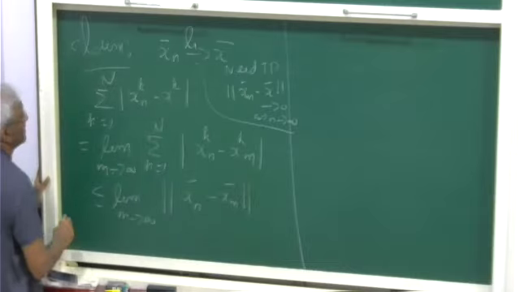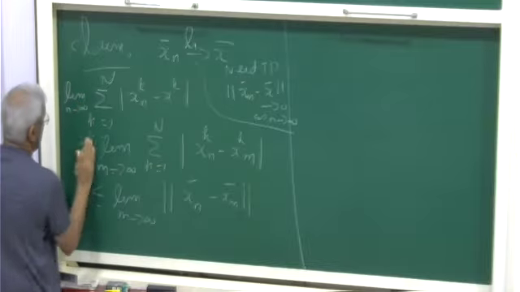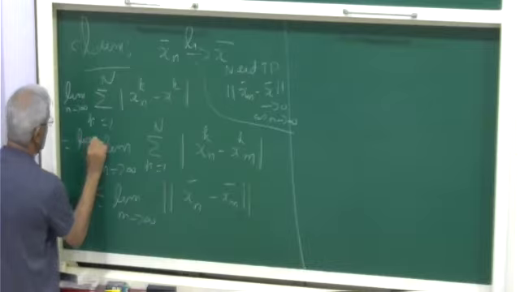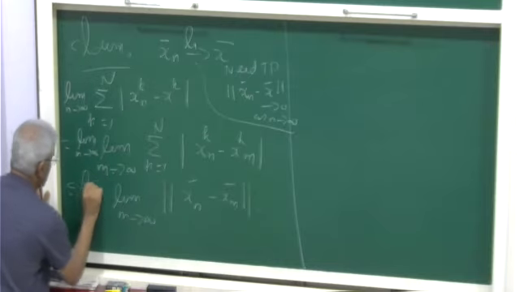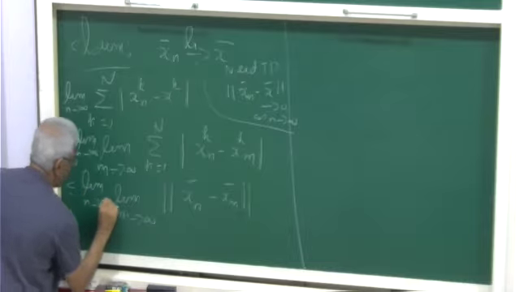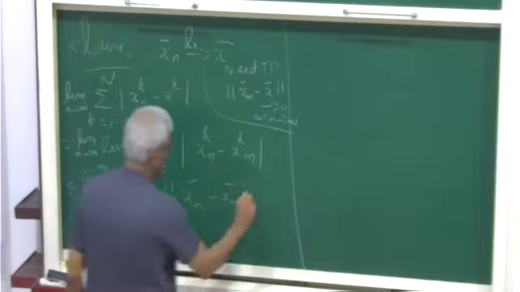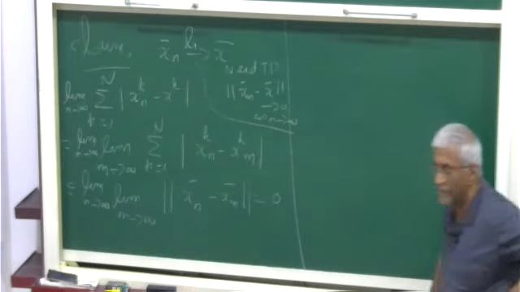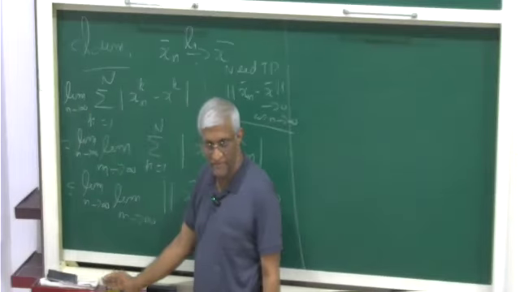Now, if you want the limit n going to infinity, these are all positive, so you can write it as less than or equal to the limit. This is precisely what it means by Cauchy. This is equal to 0. Forget about the limit n going to infinity, you can write it finally.